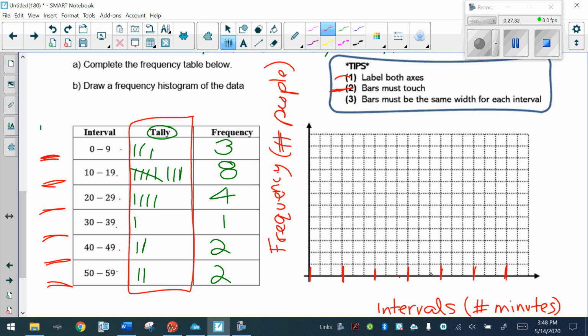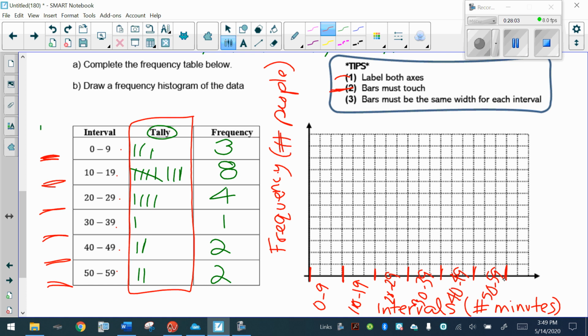So I like to turn my paper sideways, and I do 0 to 9, 10 to 19, 20 to 29. I hope you're writing nicer than me. 30 to 39, 40 to 49, and 50 to 59.